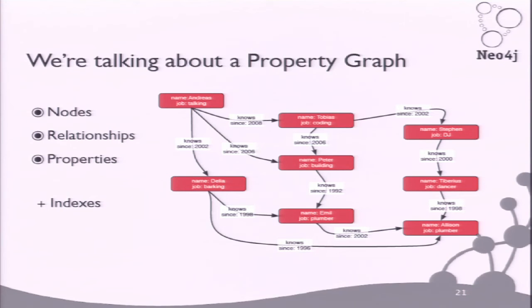And on that, you have the same kind of java.util.Map-like interface as you have on the nodes. On the nodes, you can add properties: name Andreas, job talking, name Peter, job building, key value pairs that you can attach to the nodes. You can attach the same thing to the relationships.